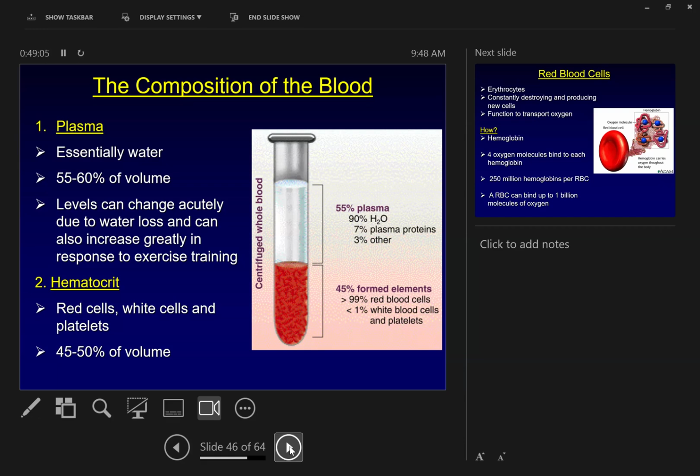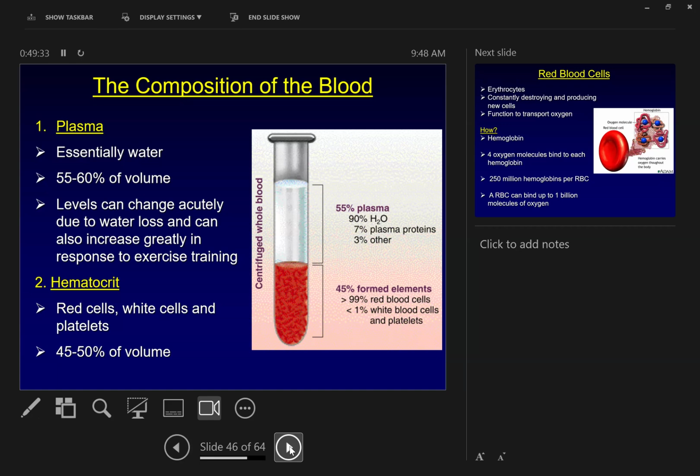Those who might be mildly anemic, like my wife, will be a little lower. Some of you who dehydrated yourself yesterday because it was warm and you went for a run may be a little higher because you've lost some plasma. This red blood cell percentage, the hematocrit percentage, is an unbelievable predictor of VO2 max.